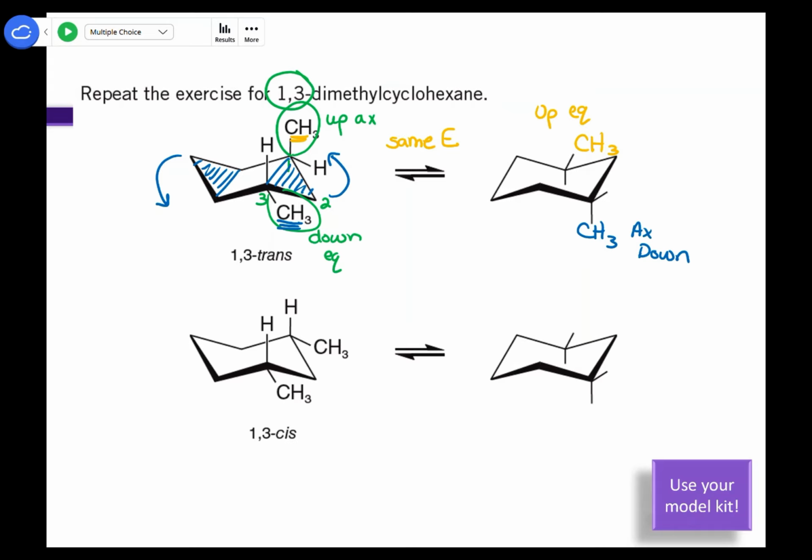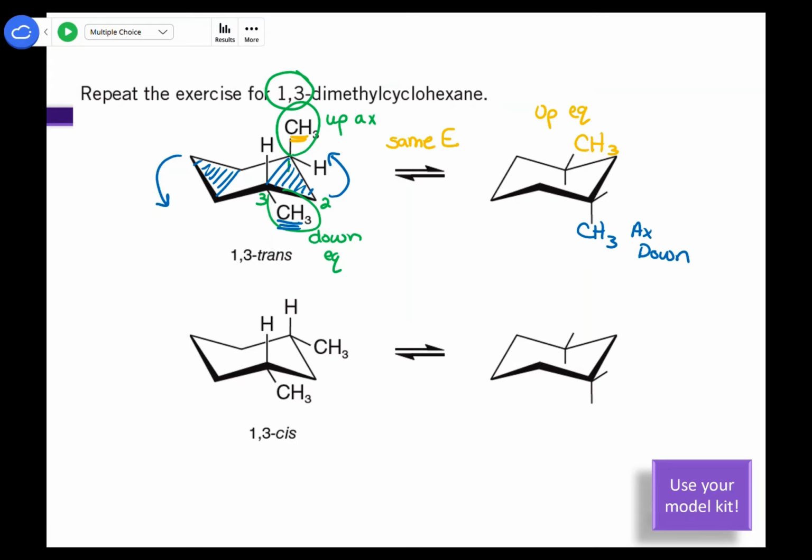But now I want to make this into a cis molecule. So I am going to take one of my methyl groups and take it off of one option, what's that called? Orbital region. And we're going to put it on the bottom one. So now when I squish this down, I can see both of my methyl groups are on the same side.